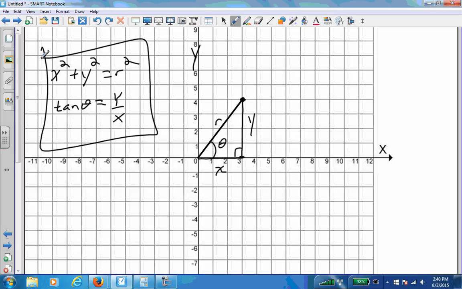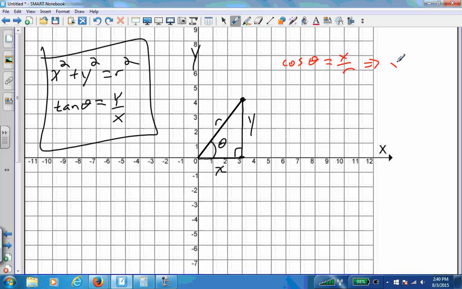Now, if you're given r and theta, and you want to change it back to a rectangular coordinate, notice that if we try to find x, cosine of theta is x over r.